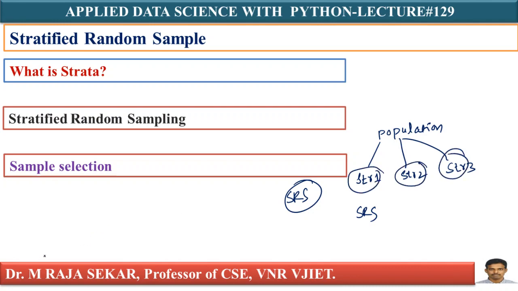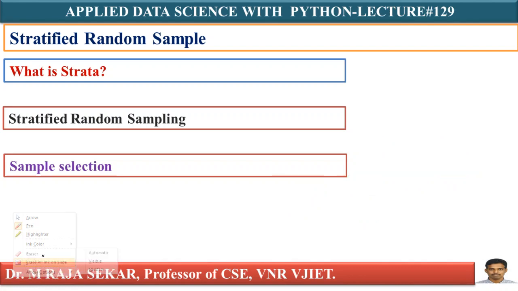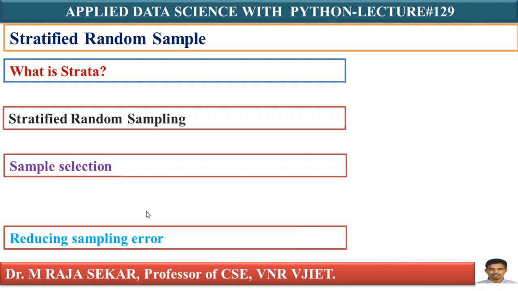How will it be? We will try to understand with a simple illustration. Sample selection is always based on SRS, but here we will collect samples not from the population. We will collect samples from each stratum. Why are we doing this? It's simple. What is the necessity of stratified random sampling? It has the potential for reducing sampling error.